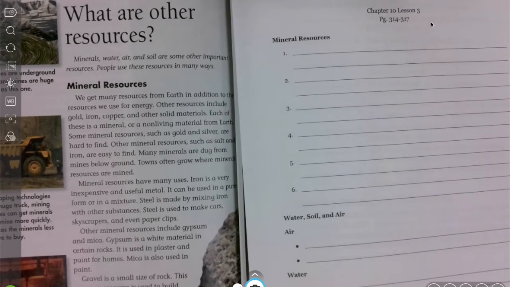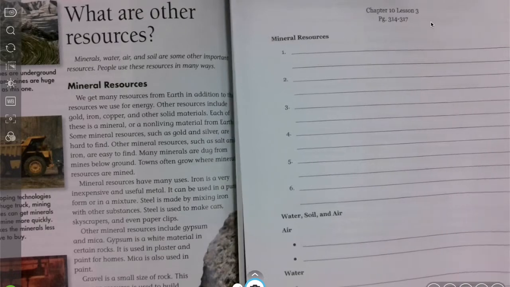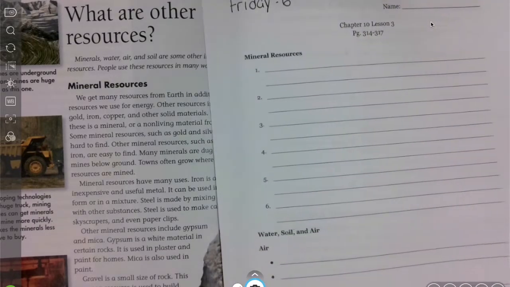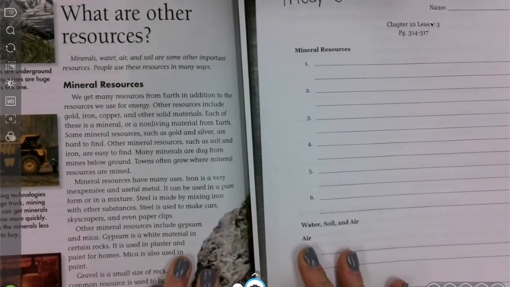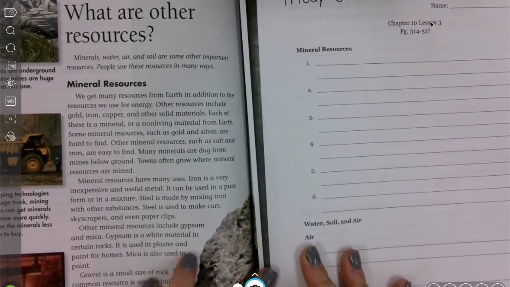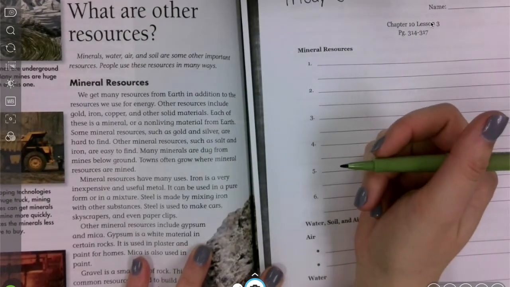So we're going to just write down a couple things as far as this goes. We're going to write down 6 total things about mineral resources. We'll pick 3 things from this one. So we get many resources from Earth. Some are hard to find, some are easy to find.